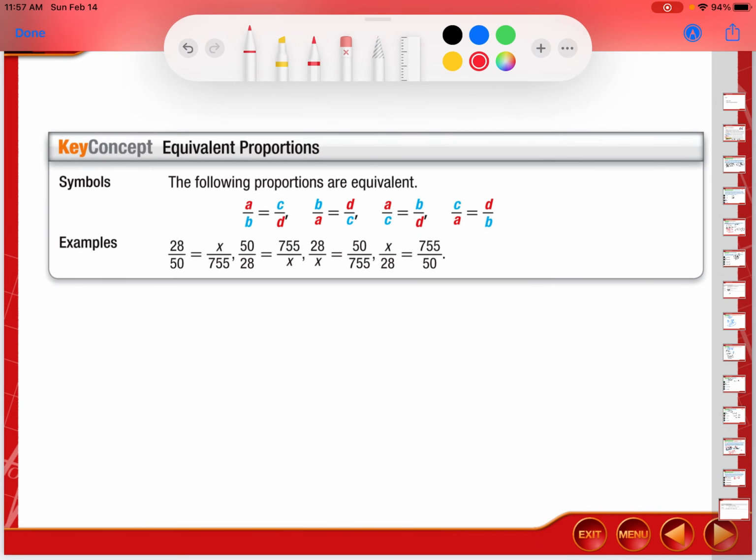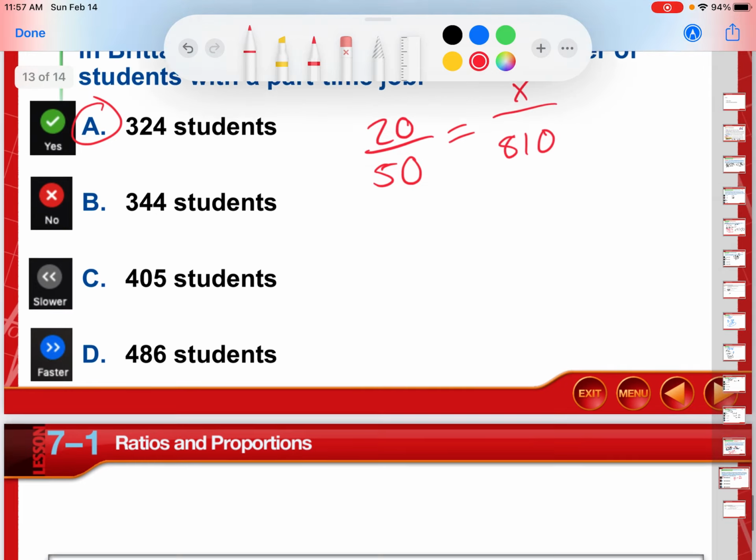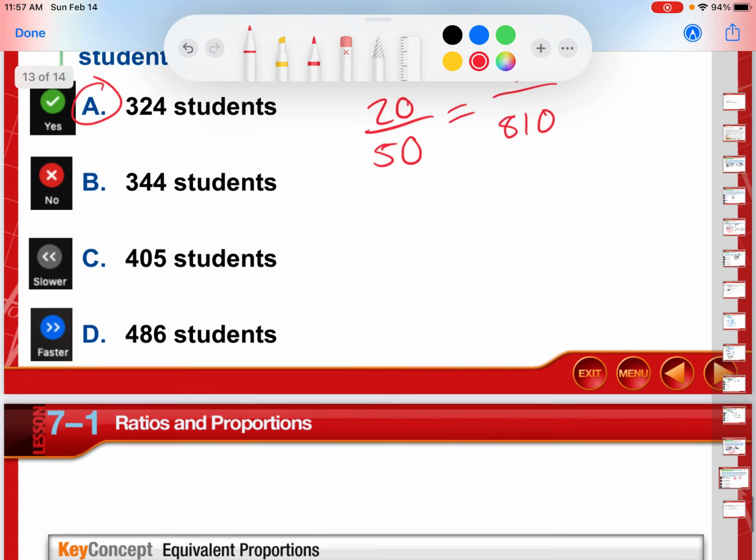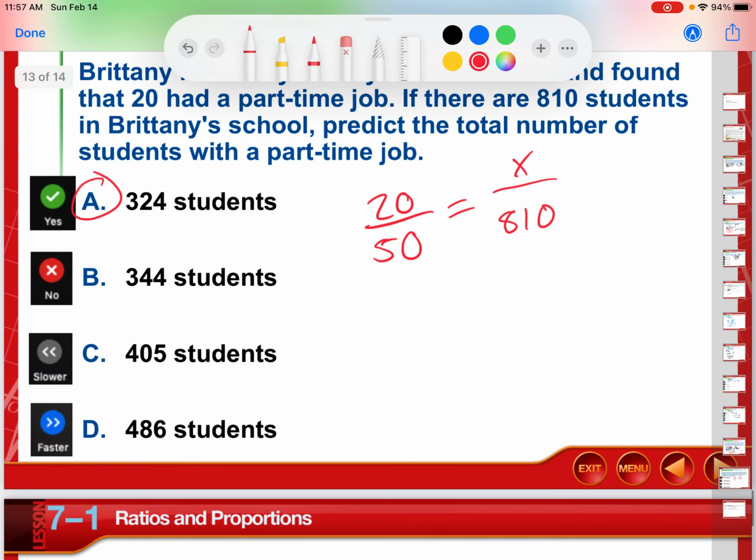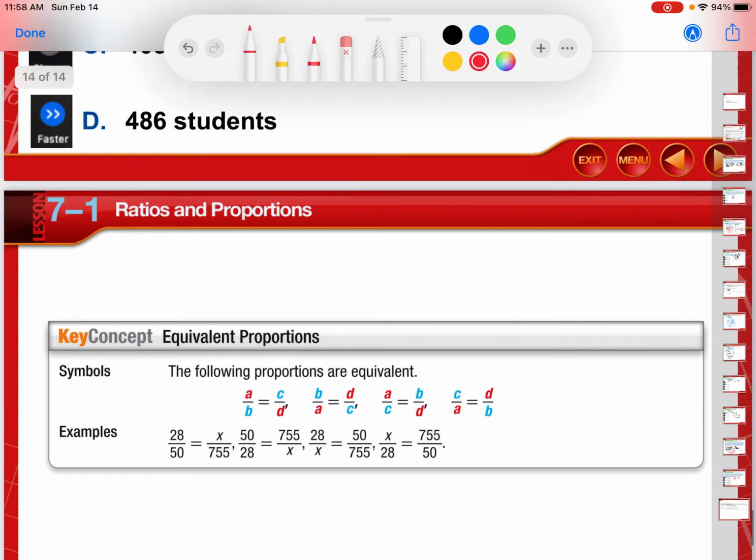All right, so our final little concept is equivalent proportions. We've talked about this previously, so I'm not going to go too in-depth with it, but essentially what this is showing is that as long as you keep things in the relative same position, then it's still proportional. So as an example of this, let's use the one from the previous problem.